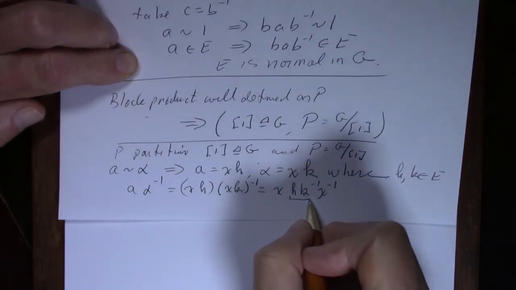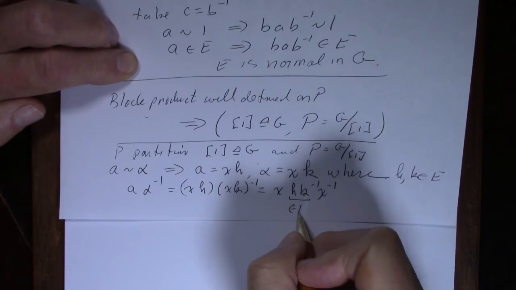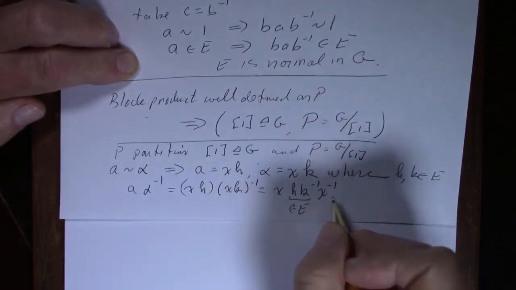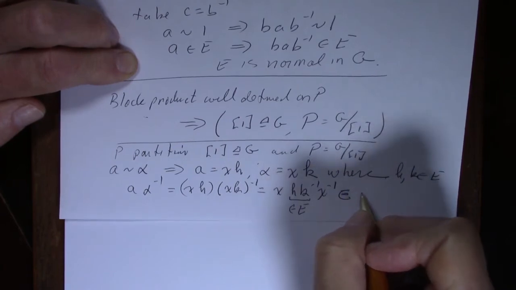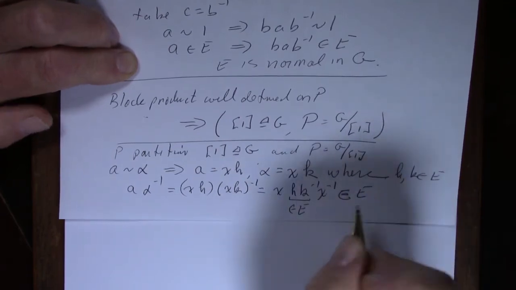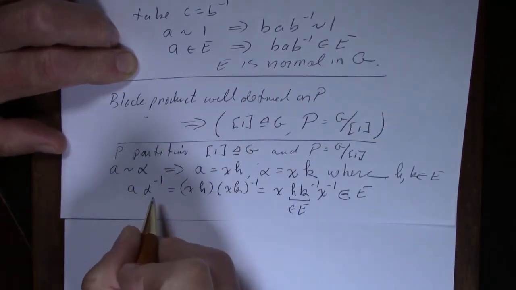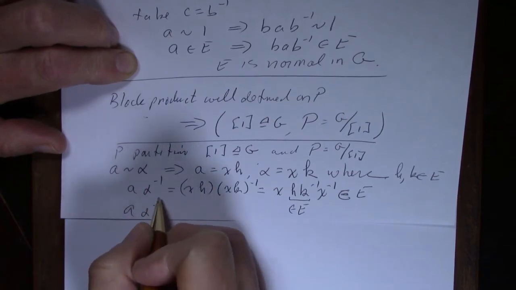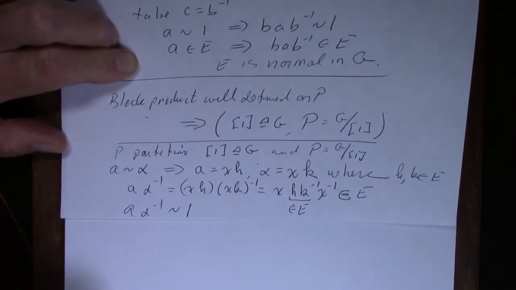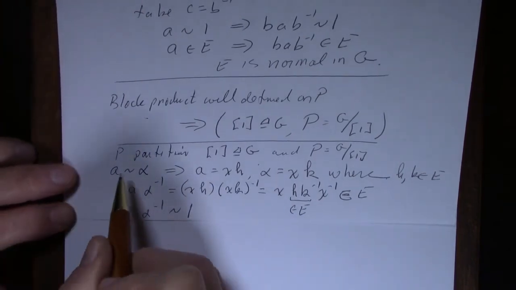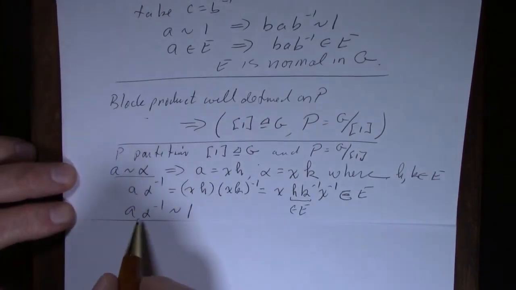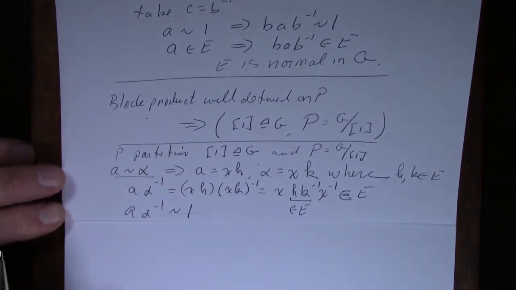And hk inverse is in E, and E is normal, so this is going to be back in E. So in other words, A alpha inverse is equivalent to 1. So A equivalent to alpha implies A alpha inverse equivalent to 1.